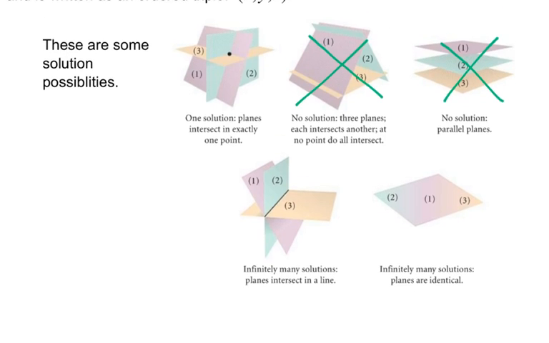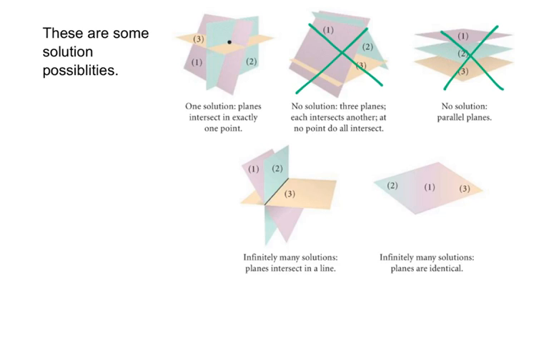And then we have two interesting cases of infinitely many solutions. So you'll notice in this situation, all three of these planes are intersecting on the same line, such as the spine of a book. All of those pages are intersecting.